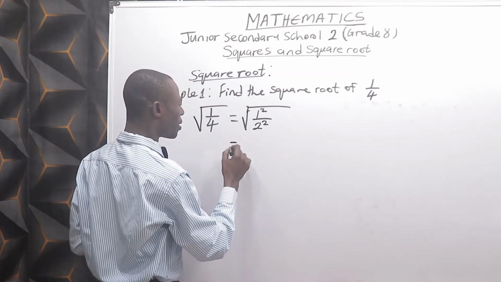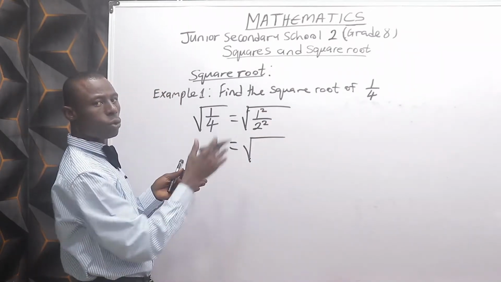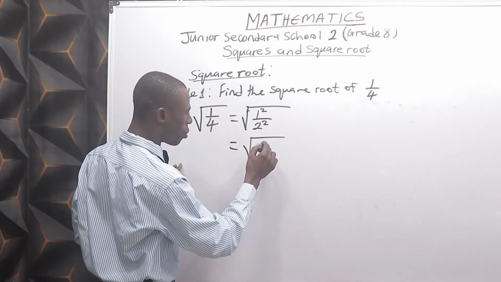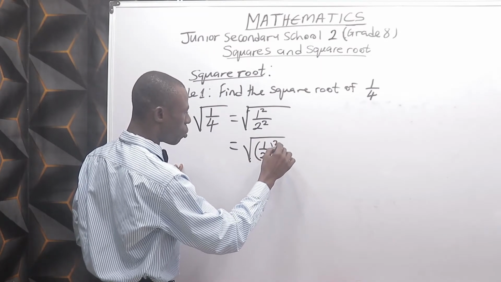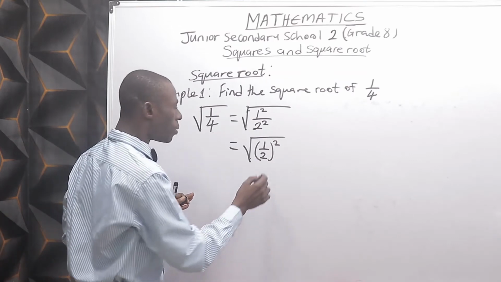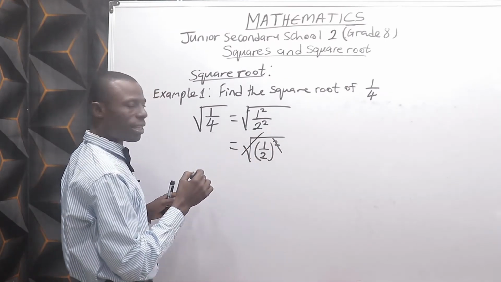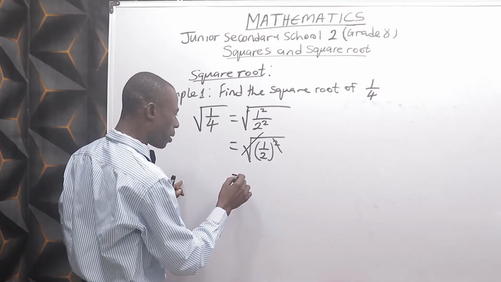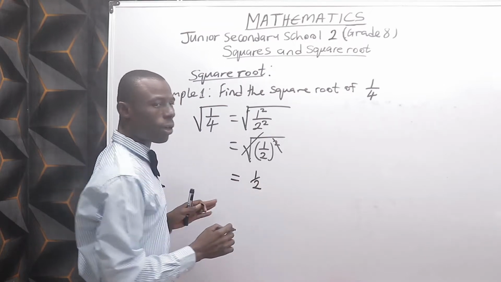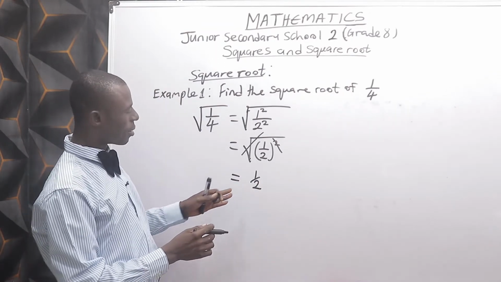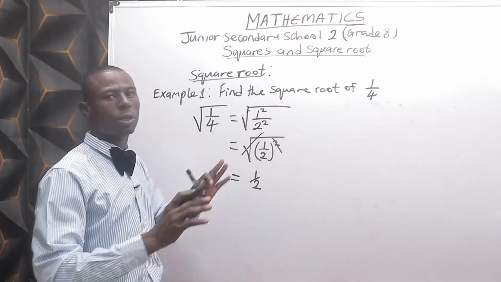If you do that, the power 2 is common to the numerator and denominator, so you write 1 over 2 raised to power 2. This 2 is capable of cutting this, and the result is 1 over 2. That is the square root of 1 over 4. Answer is 1 over 2.